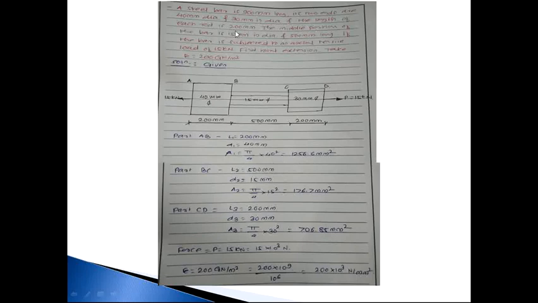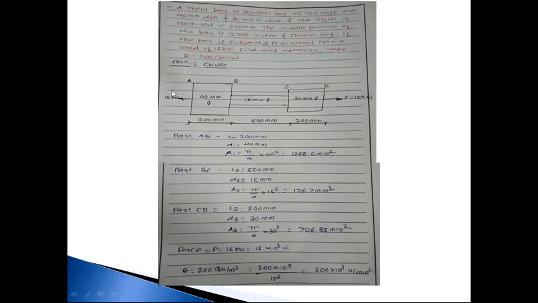The middle portion of the bar is 15 mm in diameter and 500 mm long. If the bar is subjected to an axial tensile load of 15 kN, find the total extension. Take Young's modulus E equal to 200 giganewton per meter square.